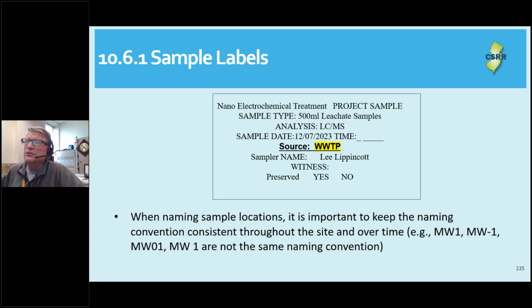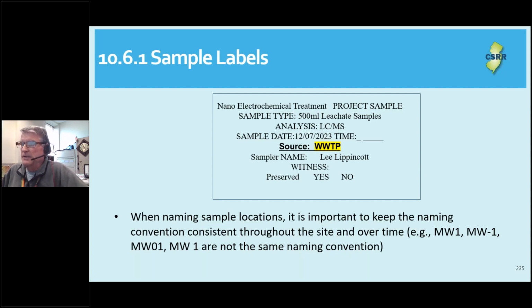Preprinting the sample labels and any other documentation associated with the sample, for instance, filling out as much as possible on the analytical request forms, allows the sampler to focus on collection rather than filling out repetitive information at the time of sampling. It also helps to reduce inconsistencies associated with sample numbers, such as the ones illustrated here.